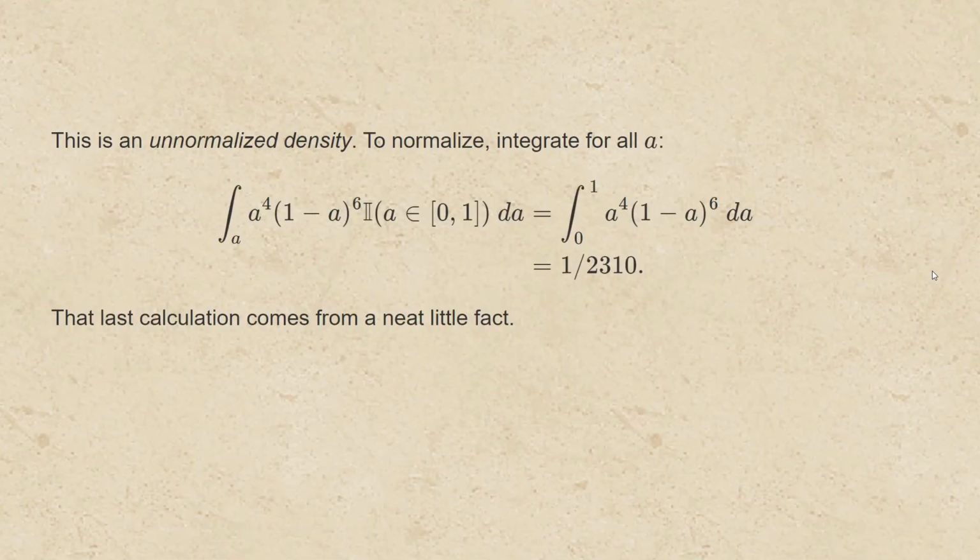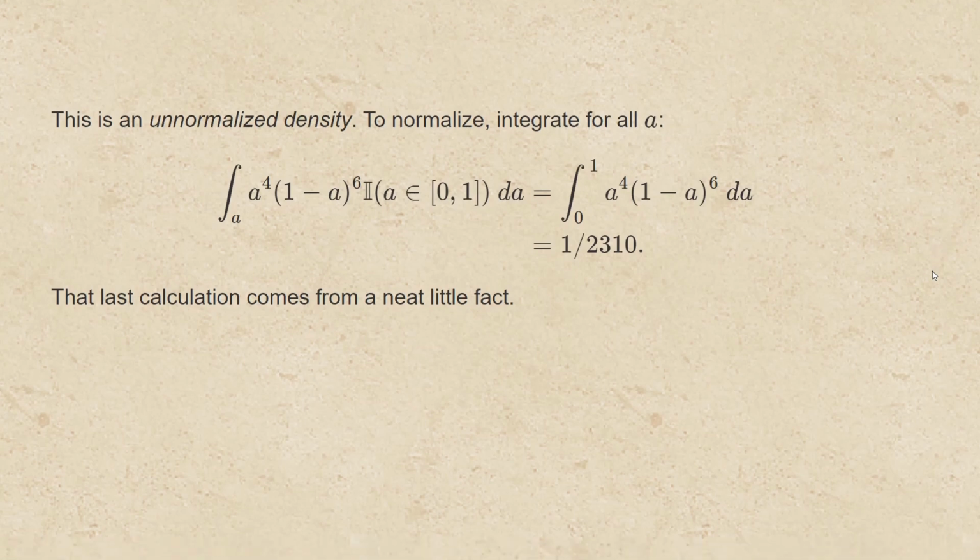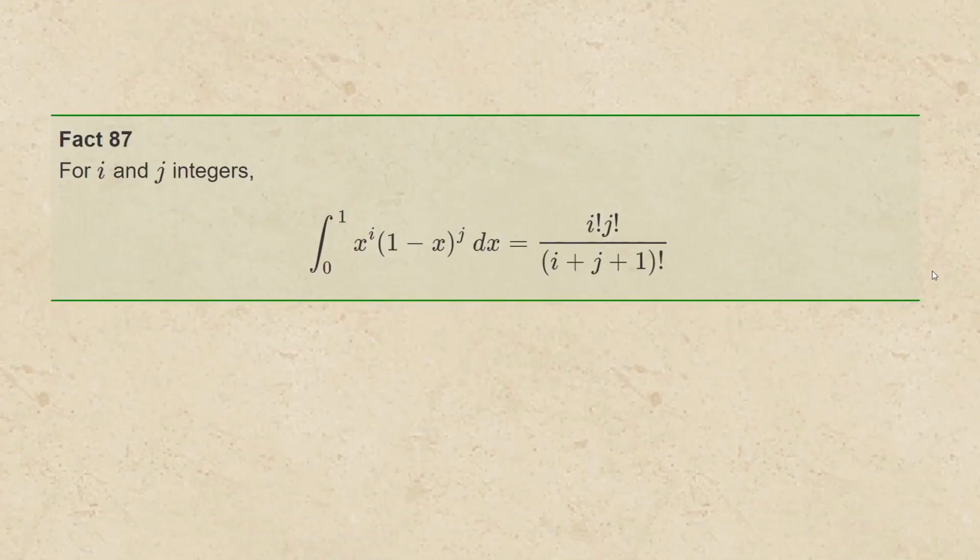To normalize it, we have to integrate the unnormalized density for all values of a. The indicator can be used to change the limits to 0 and 1, and the result is 1 over 2,310. That last calculation comes from a neat little fact. If i and j are integers, the integral from 0 to 1 of x to the i times 1 minus x to the j is i factorial times j factorial over i plus j plus 1 factorial.